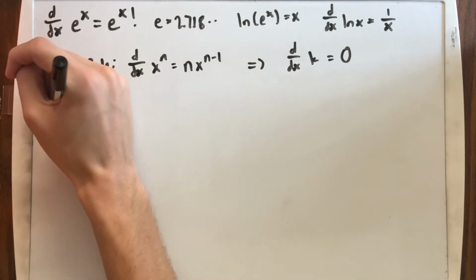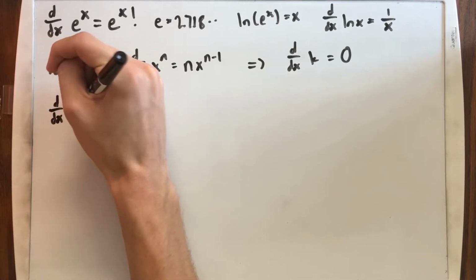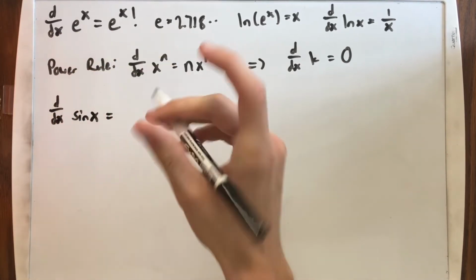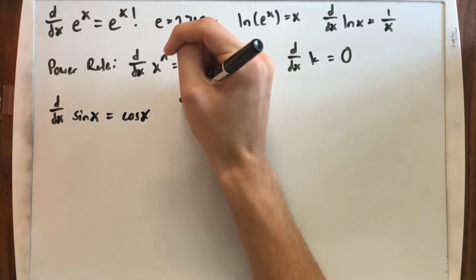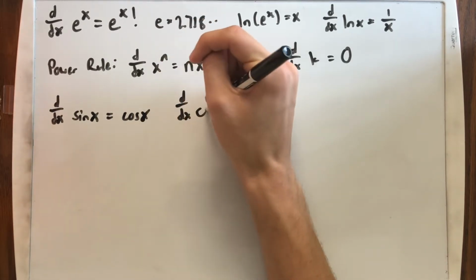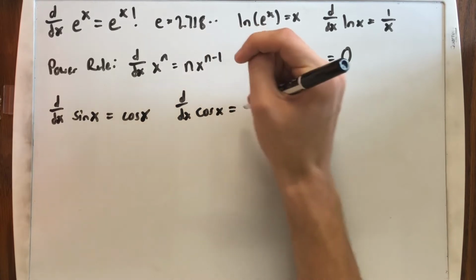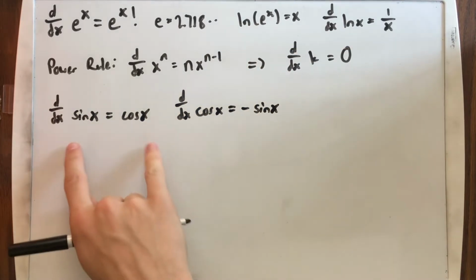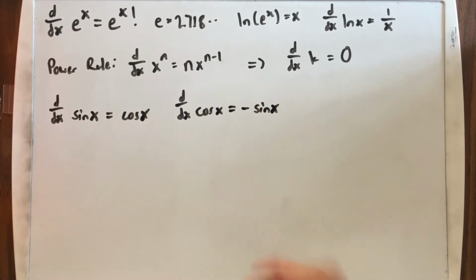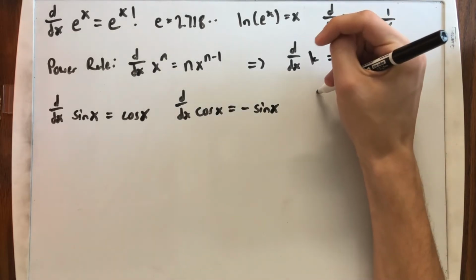Now if you take the derivative of sine of x, you get cosine of x. And the derivative of cosine of x is negative sine of x. So these two sort of flip-flop, they dance back and forth between each other, and that means that these two are cyclical functions, one of the few that will do that.